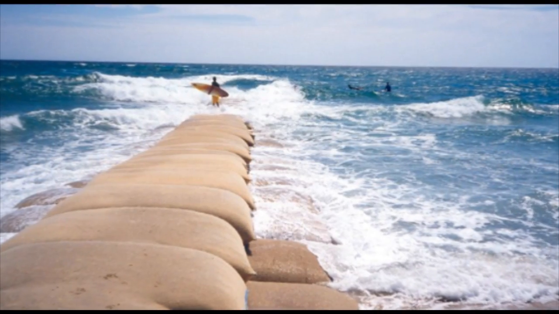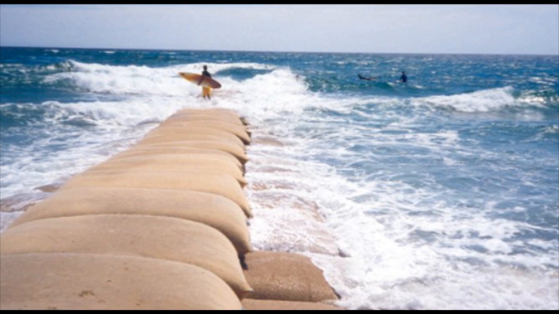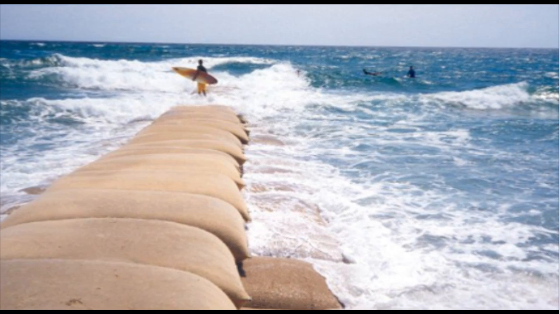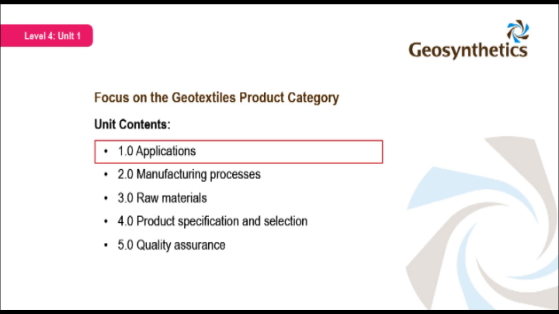Coastal applications using geotextiles are emerging as a novel solution to beach erosion. In this unit, we cover applications, manufacturing processes, raw materials, product specification and selection, quality assurance. First, let's look at the common applications of geotextiles.